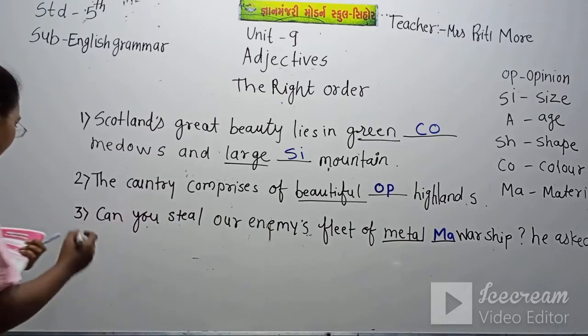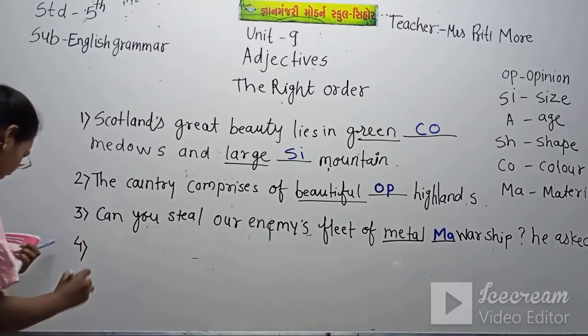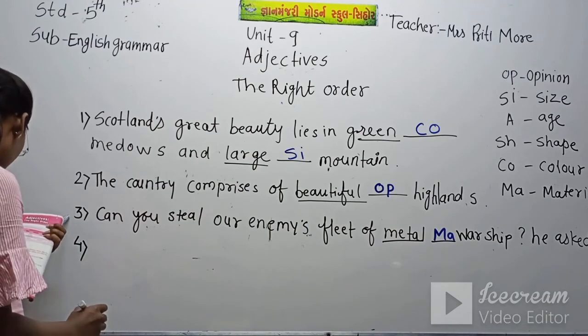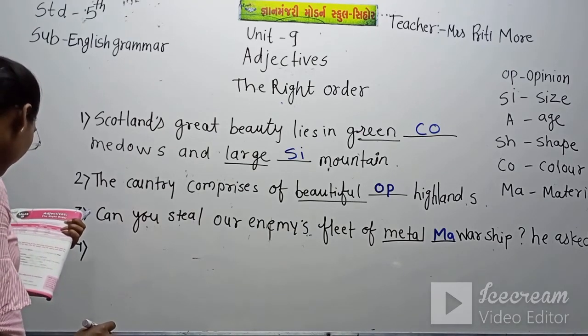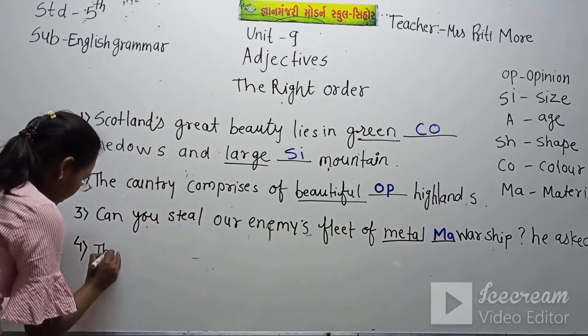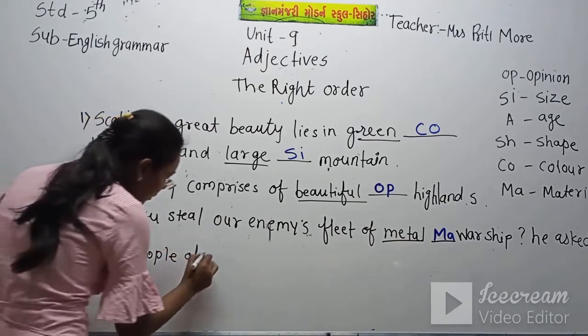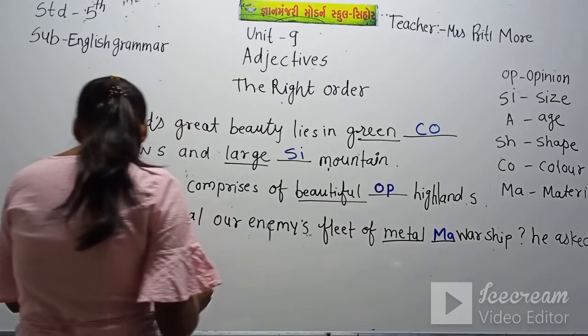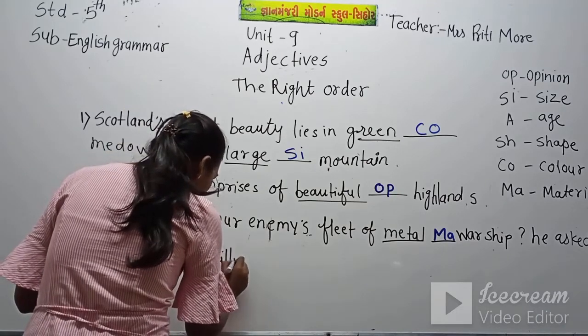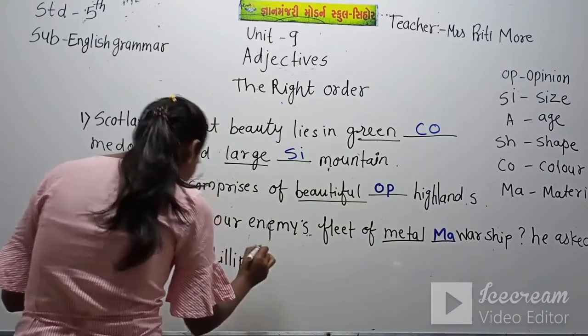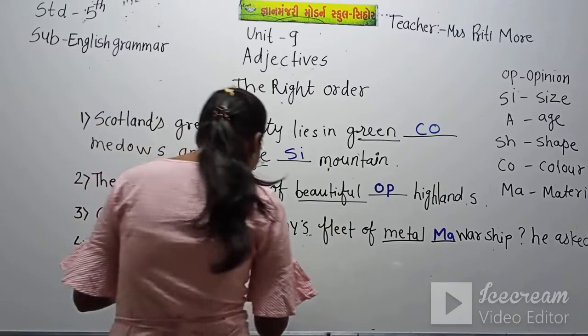Now the fourth sentence I am writing here. The people of Lilliput wore triangular, blank space, hats.